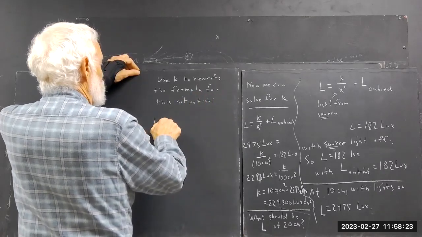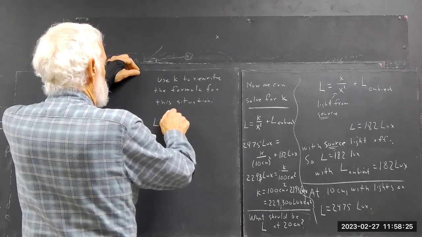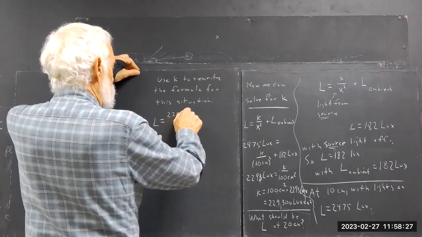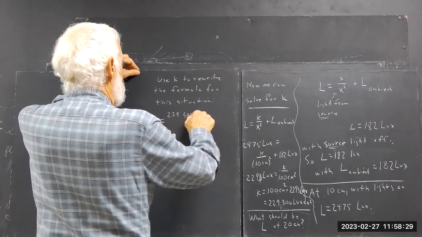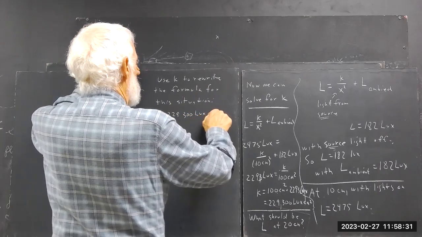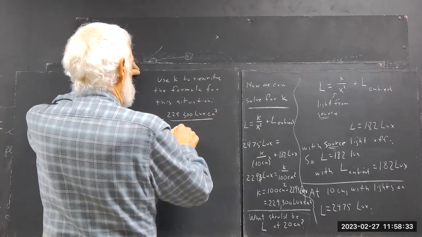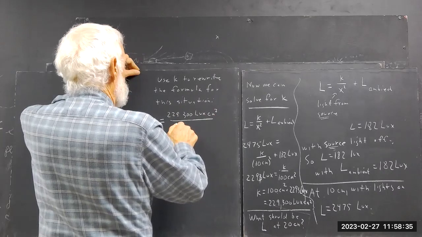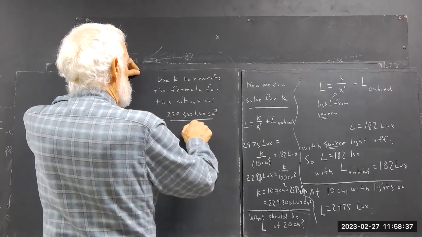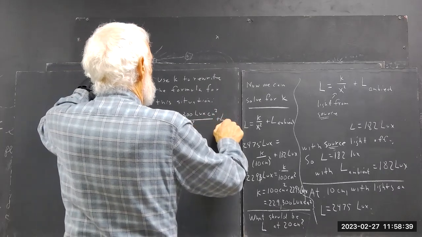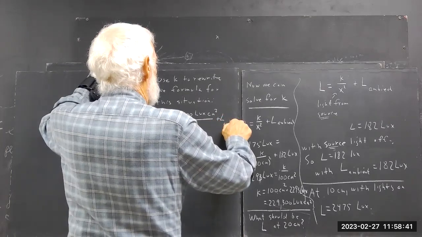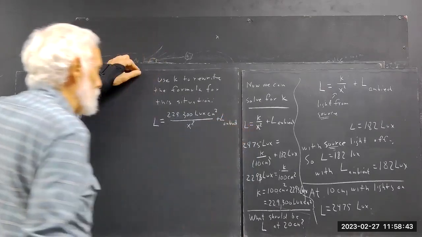L is going to equal 229,300 centimeters squared over x squared plus L ambient.